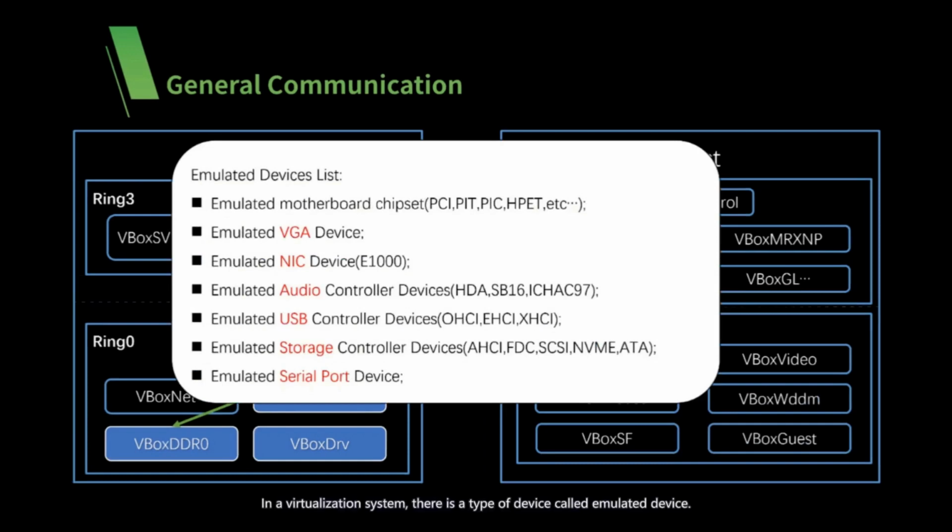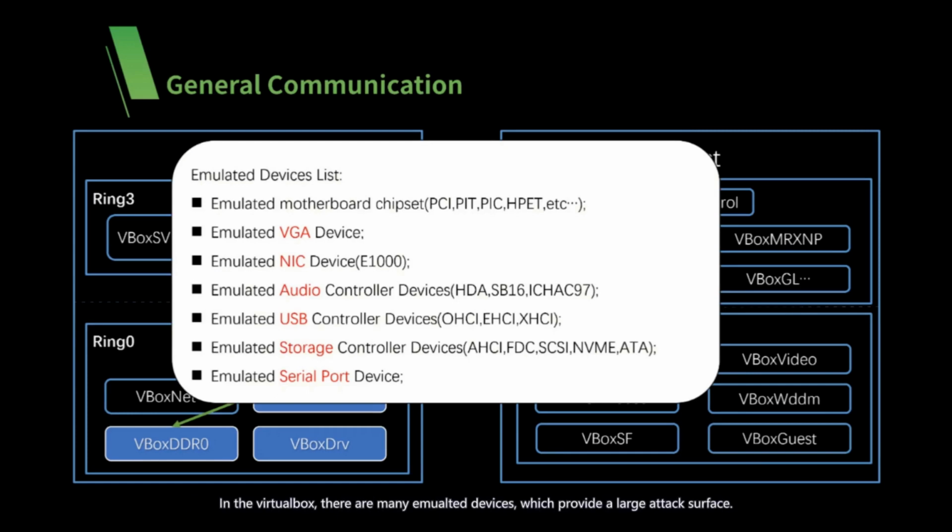In a virtualization system, there is a type of device called an emulated device. Because the device emulates real hardware, and real devices usually use general communication with system software, in a virtualization system general communication is usually implemented by emulated devices.